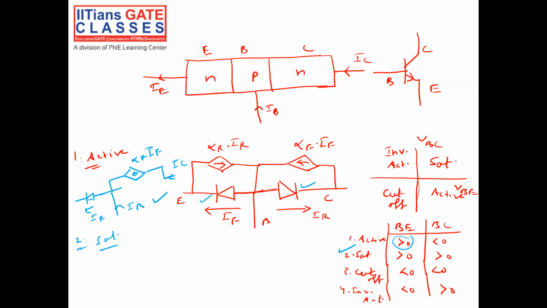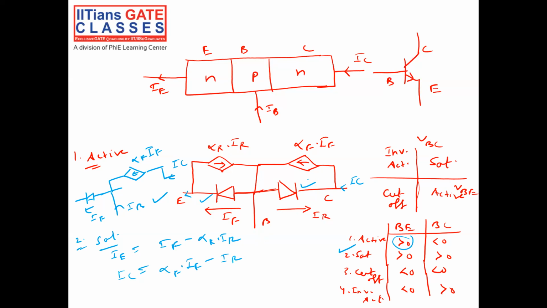The emitter current IE will be IF minus alpha R into IR. Similarly, my collector current IC will be equal to alpha F into IF minus IR.